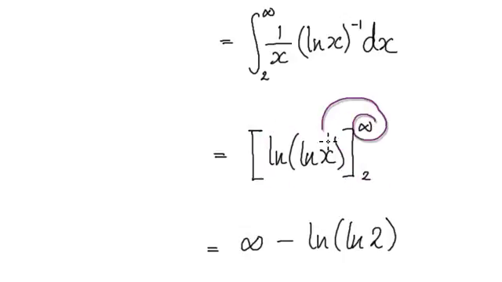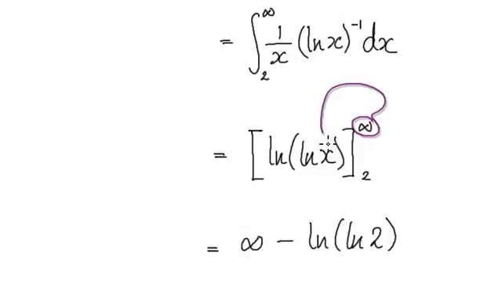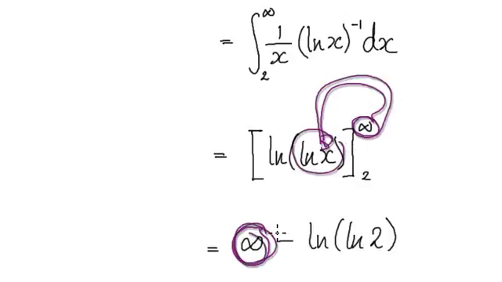Now put a very big number in here. Natural log of x looks like this. If you put a big number in, natural log of that very big number will be very, very big, and then natural log again will still give you a big number.